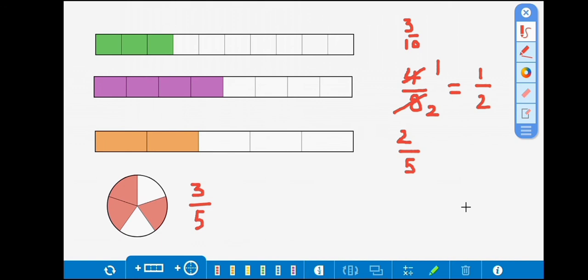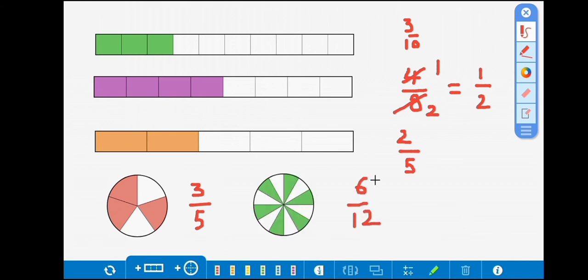Now I'm going to take one more example. If you choose any shape like rectangle, square, circle, then you can take it.